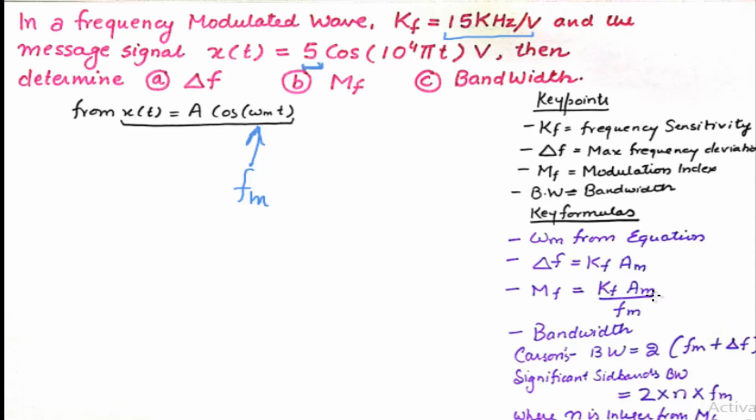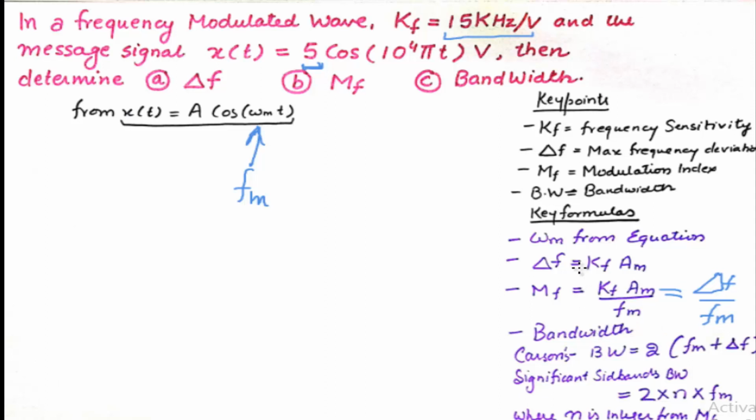And then the formula for modulation index is delta f upon Fm. This is a very popular formula where the modulation index is the maximum frequency deviation upon Fm of the wave. Fm can be found from the message signal.